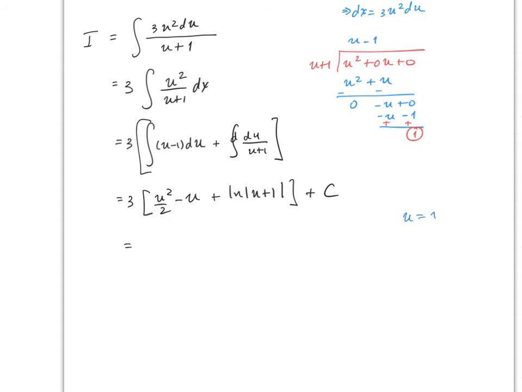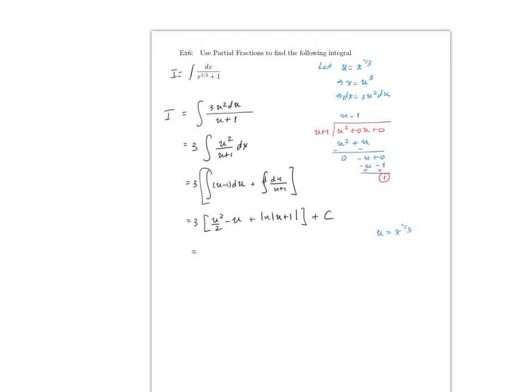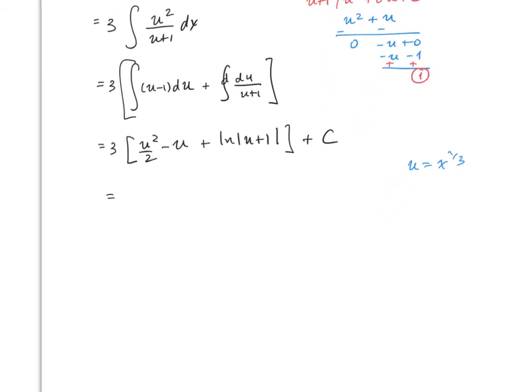Remember that u was equal to x to the 1/3. Okay, don't forget that. So then this will be 3 halves, and then this will be x to the 2/3 minus 3 x to the 1/3, then plus 3 ln of x to the 1/3 plus 1, and then finally plus c. Okay.